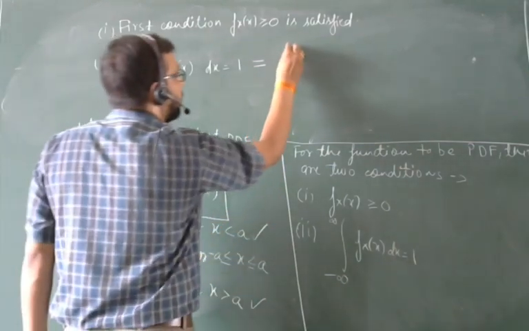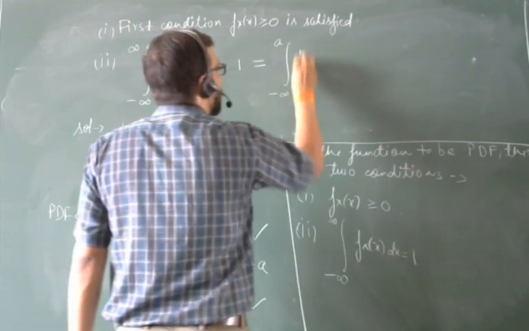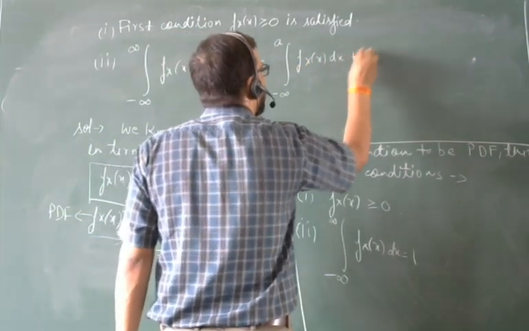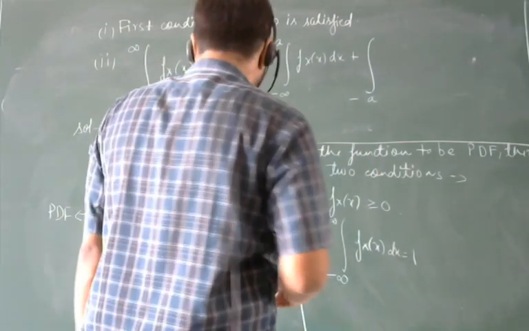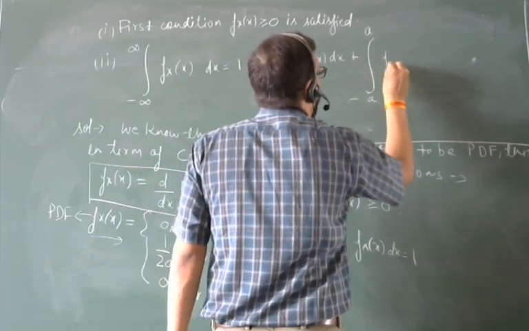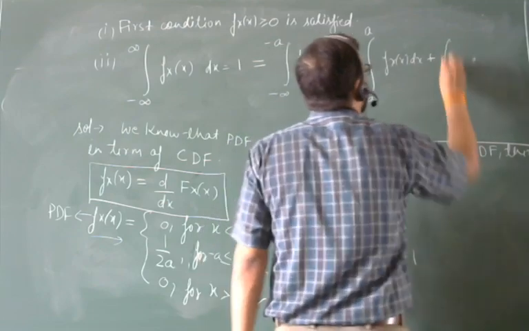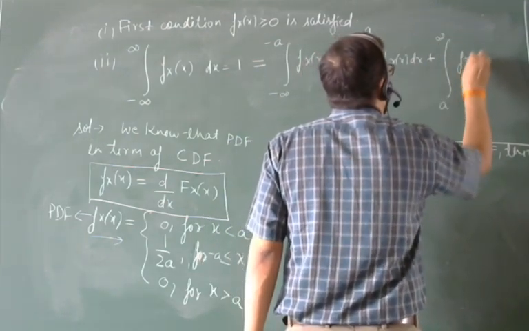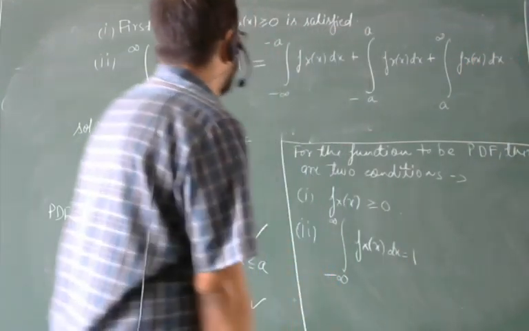That means it is from minus infinity to minus a, f of x dx, plus minus a to a, f of x dx, plus a to infinity, f of x dx.